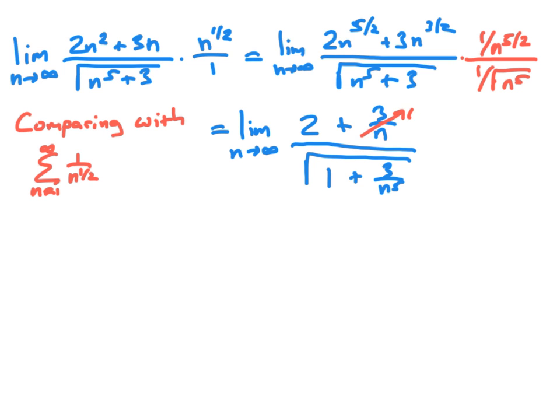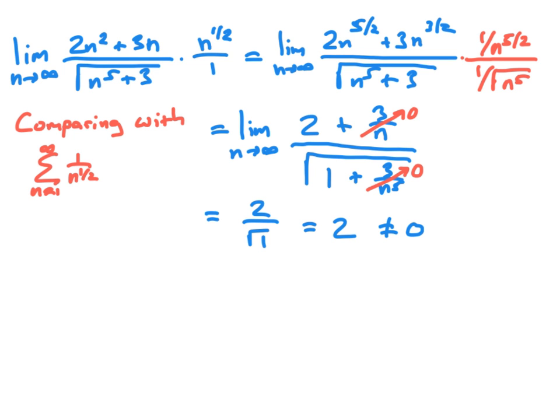Our two terms with an n in the denominator will have a limiting value of 0. And so here we have a limit of 2 over the square root of 1, which is equal to 2. And again, the important part here is that that is a number that is not equal to 0. And so since we have a limit here of a non-zero number, our two series have the same behavior.